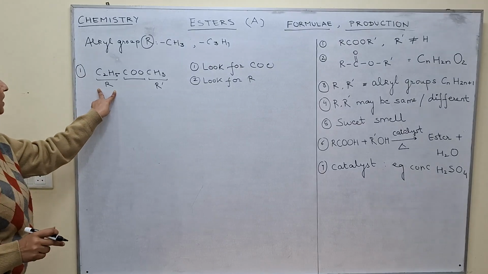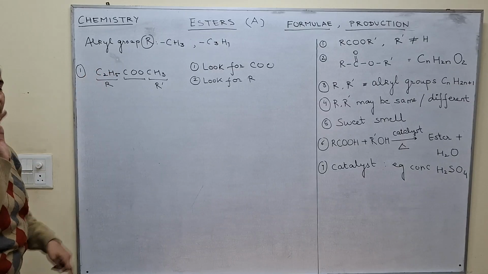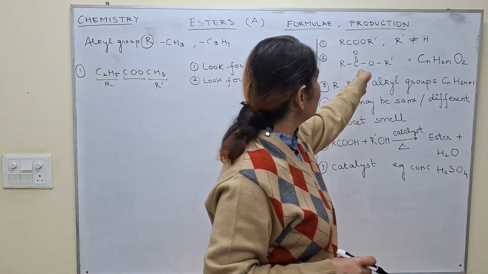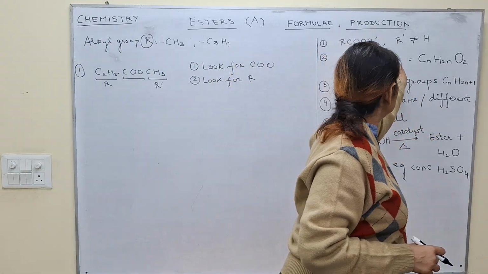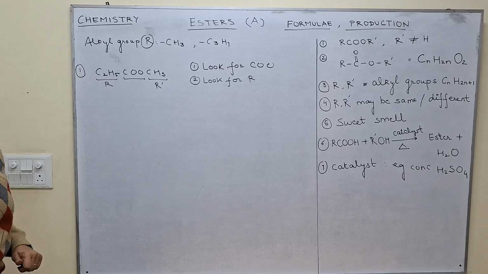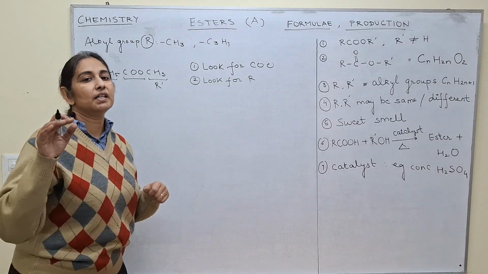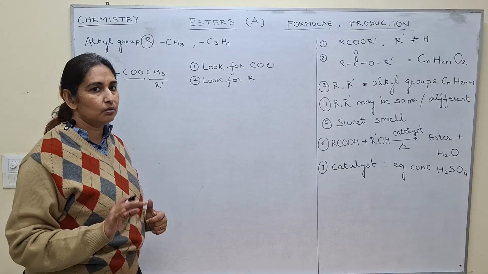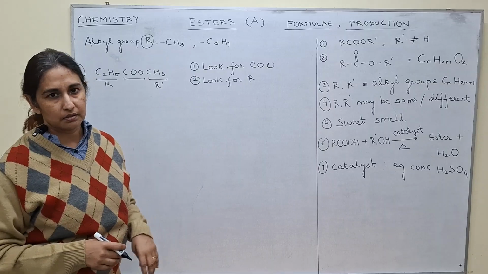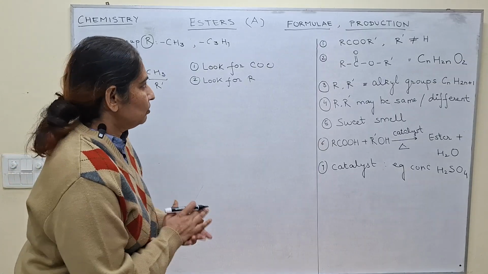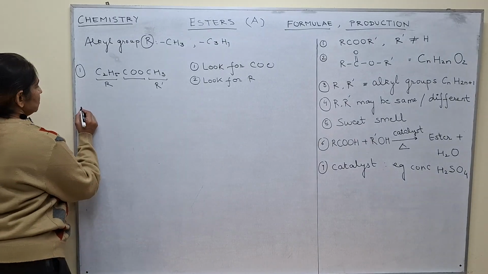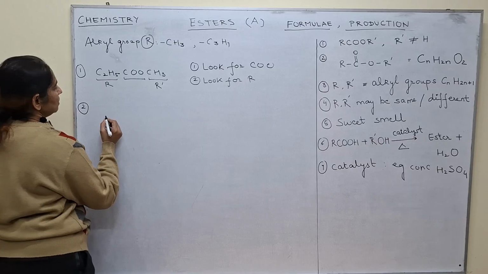Here you can have only hydrogen instead of this entire R, but in the second part, COO के बाद वाला जो R डैश होता है वो प्योर हाइड्रोजन नहीं हो सकता. इट हैज टू बी एटलीस्ट वन कार्बन एटम, एटलीस्ट मिथाइल हो या इथाइल हो या प्रोपाइल हो, कुछ तो होना चाहिए. ओनली हाइड्रोजन अलाउड नहीं है. वेयर एज R मे बी हाइड्रोजन या नॉट बी हाइड्रोजन. ओके, चलो ऐसे लिखा है तो हम पहचान गए. ओके, हो सकता है किसी और तरीके से लिखा हो, देखते हैं.